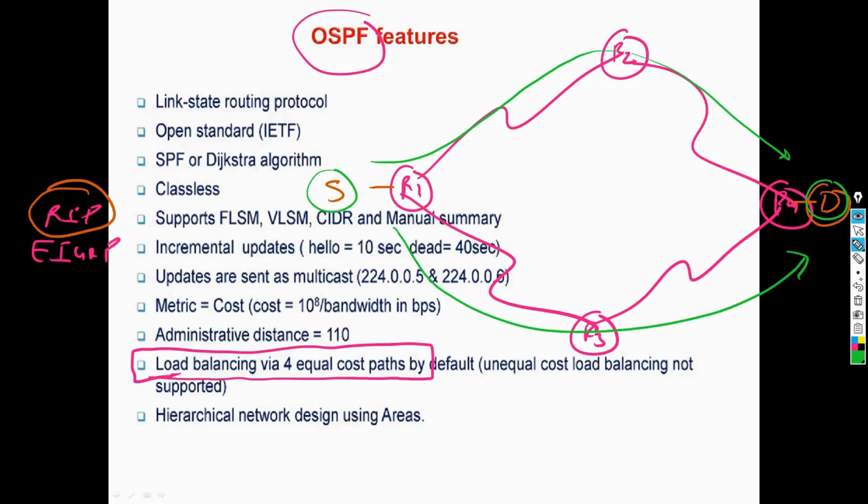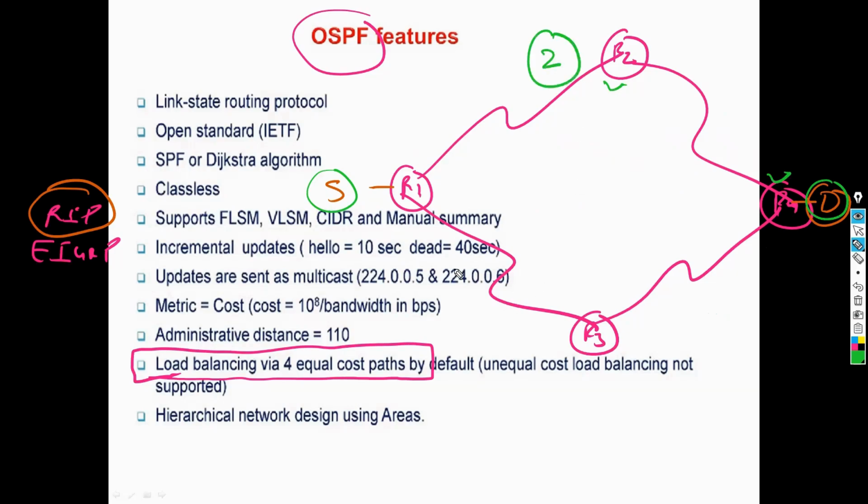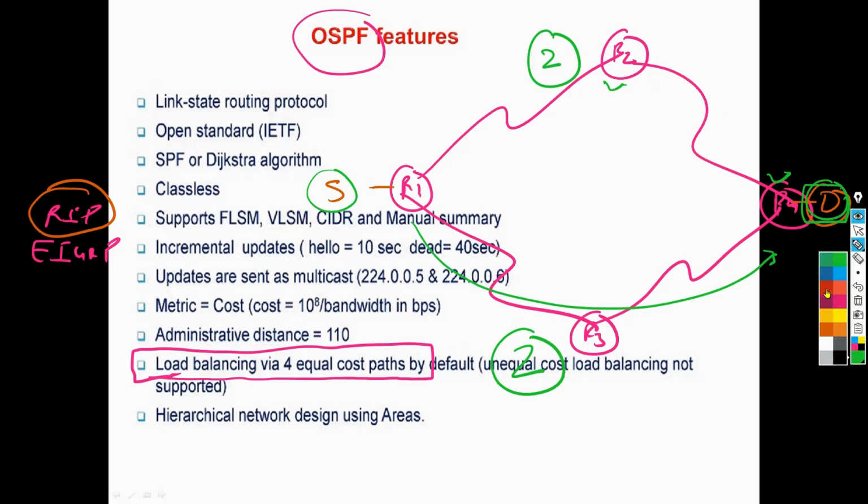Via R2, you have two hop counts, 1 and 2. And via R3, you also have two hop counts. So to reach this particular destination, you have multiple routes with the same hop count, with the same metric.